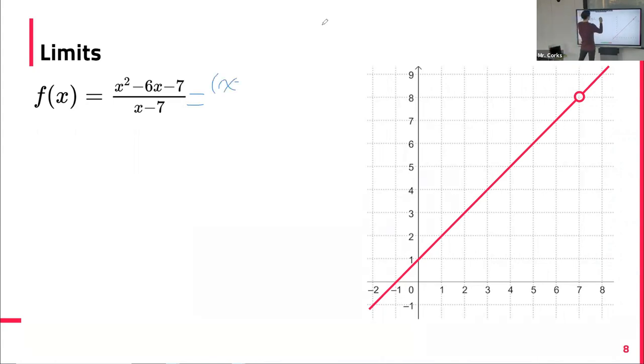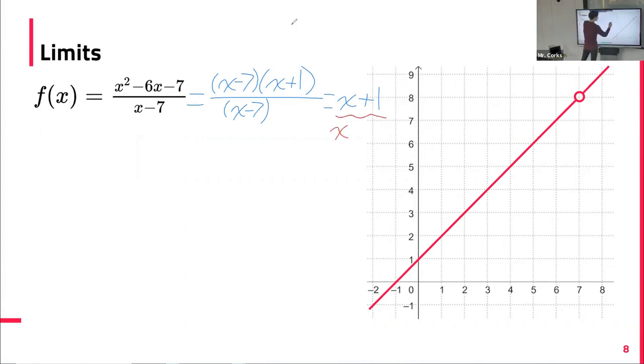All right, so x minus 7, x plus 1 on the top here, and then x minus 7 on the bottom. And then if we reduce this, this turns into x plus 1. Except, a little condition here, x must not be equal to 7, because we had this dividing by 0 problem here on the bottom if x is equal to 7.